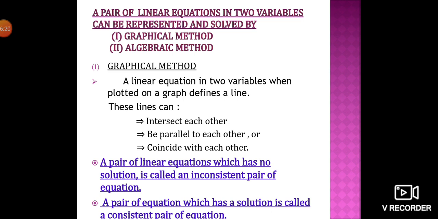A pair of linear equations which has no solution is called an inconsistent pair of equations. A new word you have to study: inconsistent and consistent.